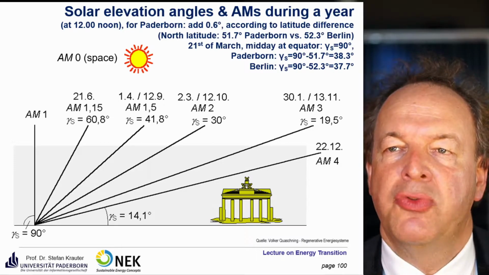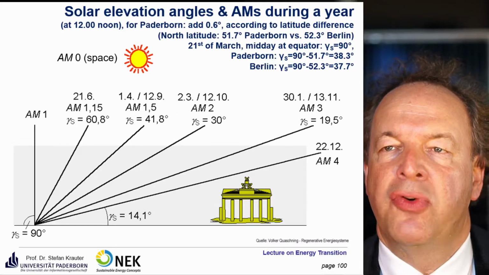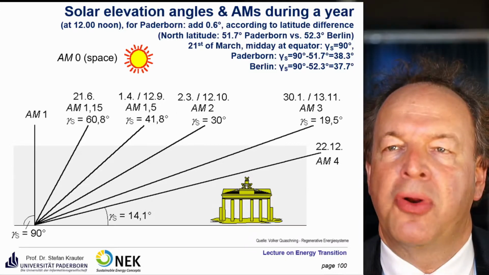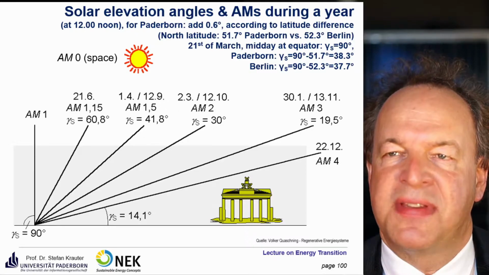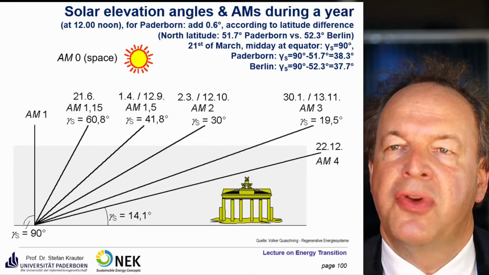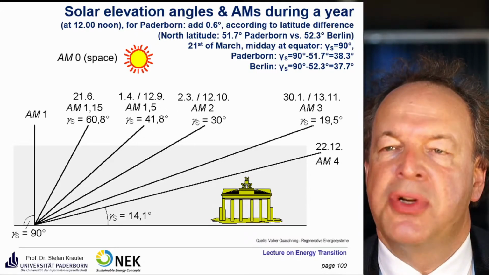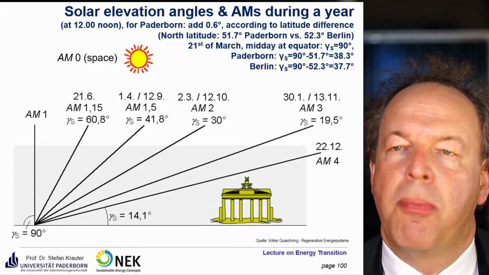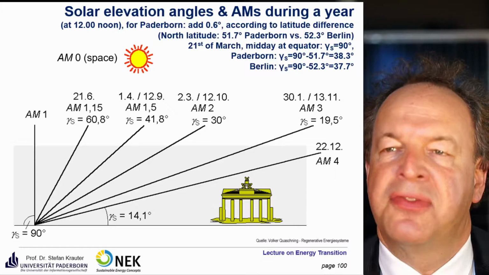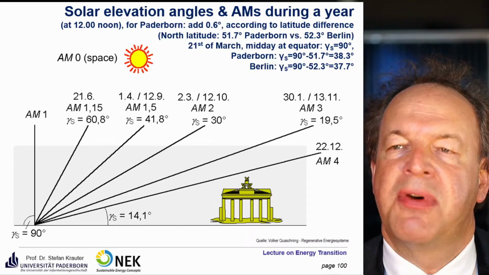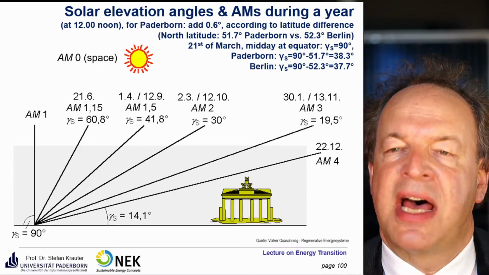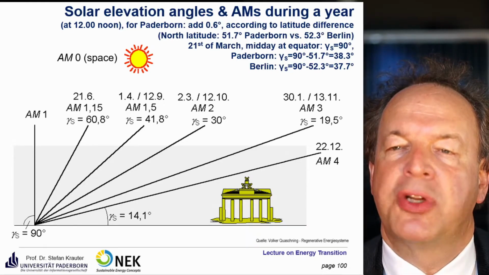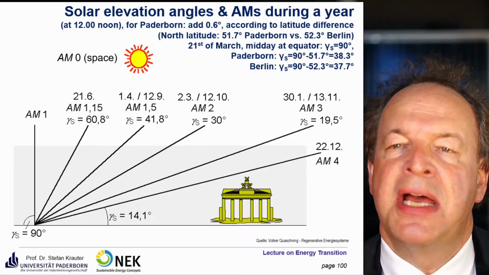It's all during midday. Paderborn is a little bit more south of Berlin, so we have to consider the latitude angle between Berlin and Paderborn, which is 0.6 degrees. That means in winter, on the 21st or 22nd of December, the elevation angle of the sun in Paderborn is 14.7 degrees.